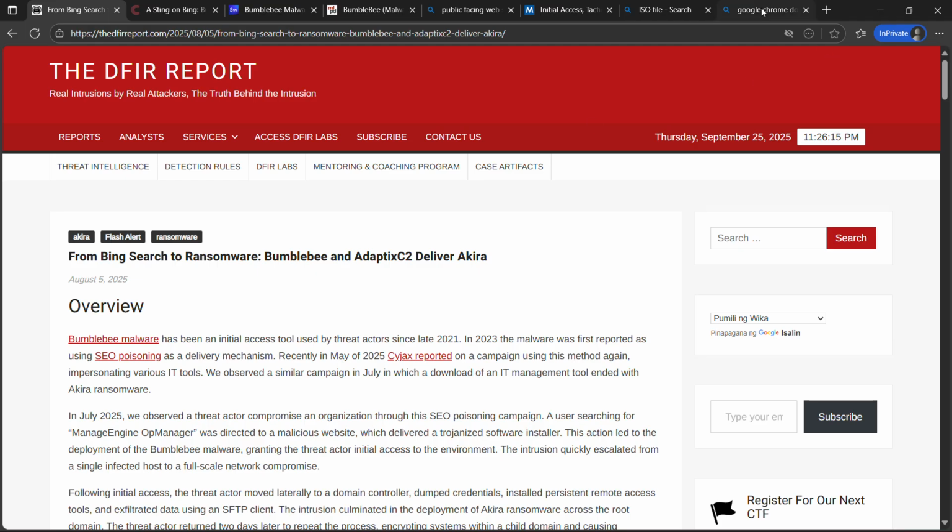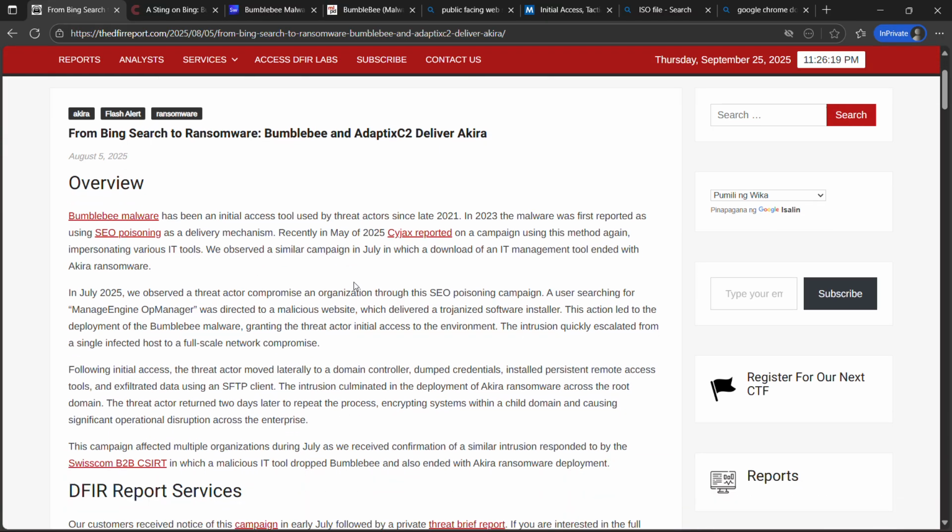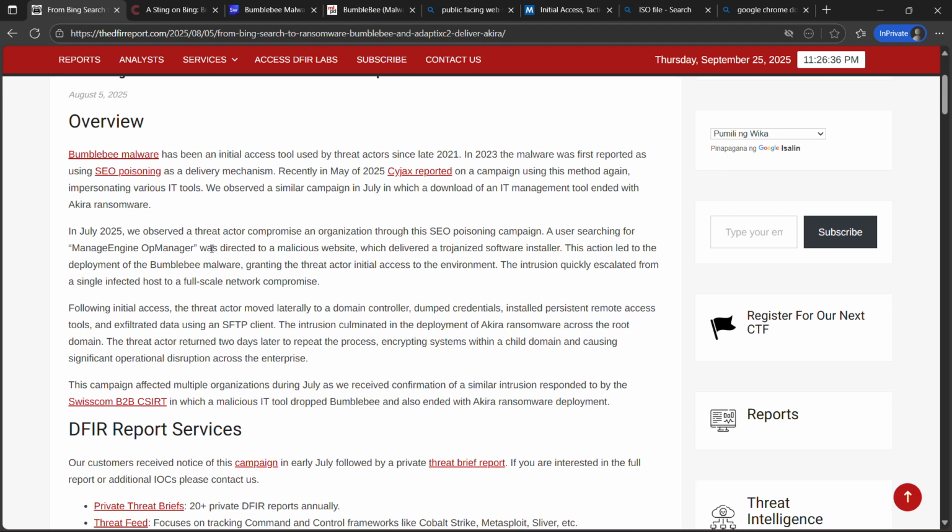And I'm using Bing. Okay. Sessions reported on a campaign using this method again, impersonating various IT tools. We observed a similar campaign in July in which a download of an IT management tool ended with AKIRA ransomware.